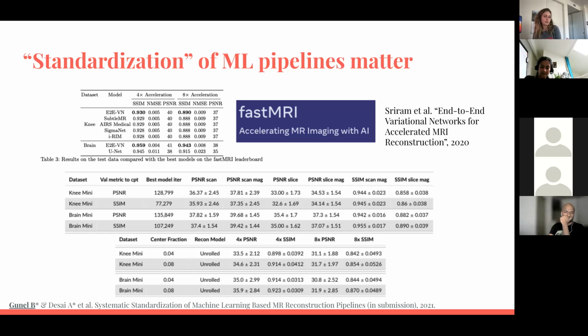So changing the center fraction from 0.04 to 0.08, say we're looking at 4x PSNR on knee, goes from 33.5 to 34.6. So it makes a huge difference. The takeaway I'm trying to get at is that we should think about how we're structuring these pipelines, be careful about the engineering decisions, and be transparent about them.